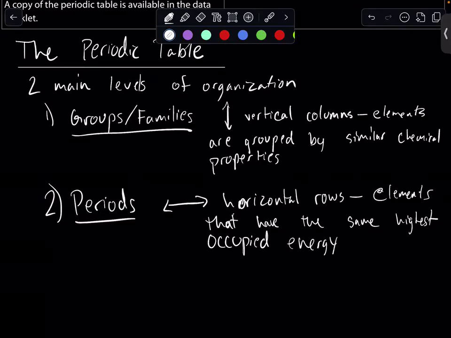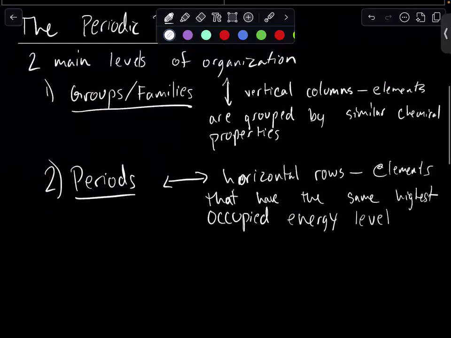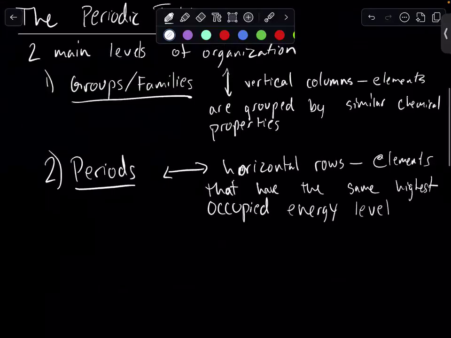So we discussed this in a previous lesson when we talked about electron configurations, that everything in the same horizontal row has the same energy level that's highest occupied.